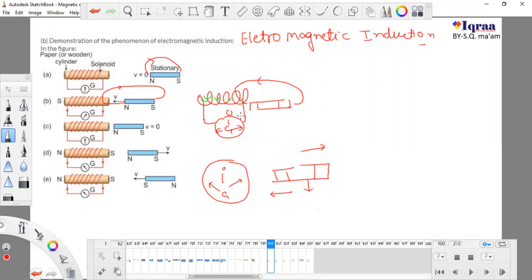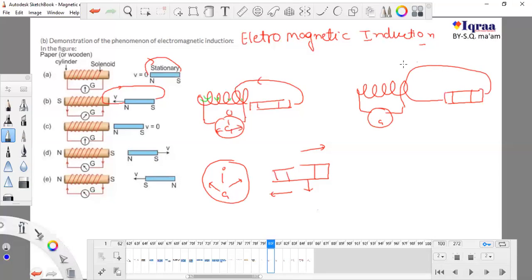So in this case, if you bring this very close, or we can say that if there is a limit of this magnet, though it is very far, it has magnetic field lines.